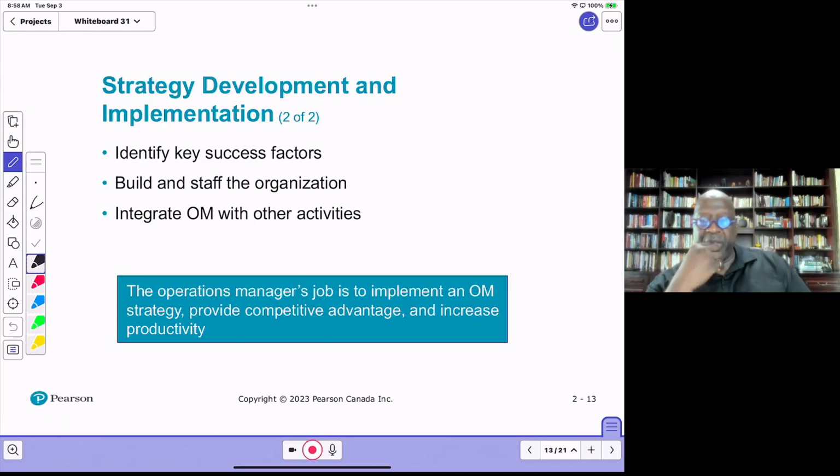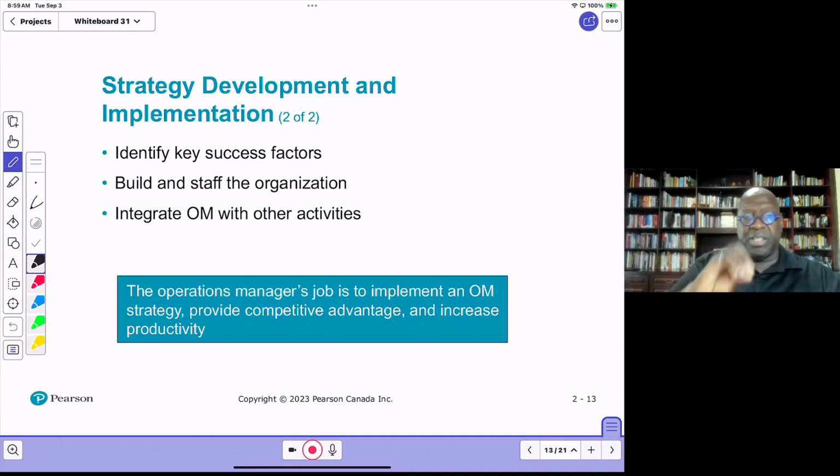Now, what do we mean by that? Essentially, the operations strategy has to be aligned to the performance advantage that the organization or the company is looking for. All right, and then to be able to do that, you need to identify what the key success factors are. What are the factors in operations that would allow you to achieve that performance advantage?